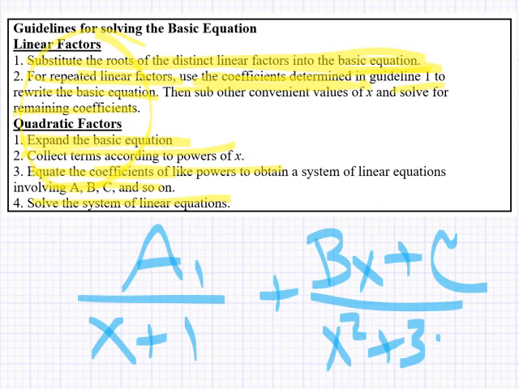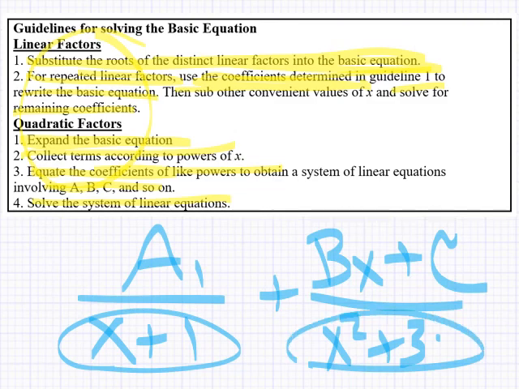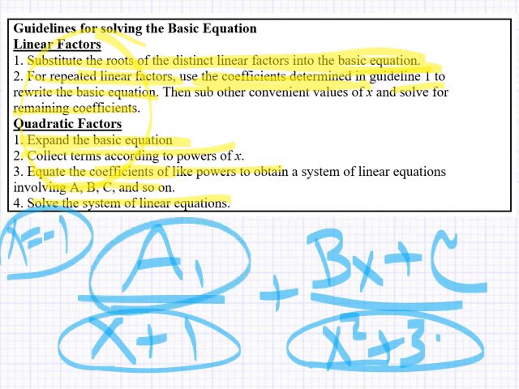And how you're going to solve the resulting equation after you clear the fractions will change based on whether this was a linear factor or quadratic factor. Here, I would just let x equal negative 1, and then hopefully that'll get me what a1 equals. Here on this one, after I multiply everything out, I would have to expand and do equal parts because of the quadratic factor.